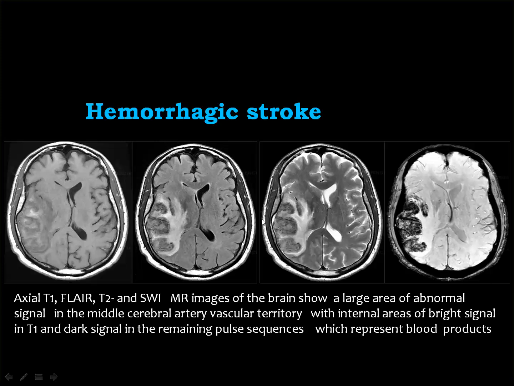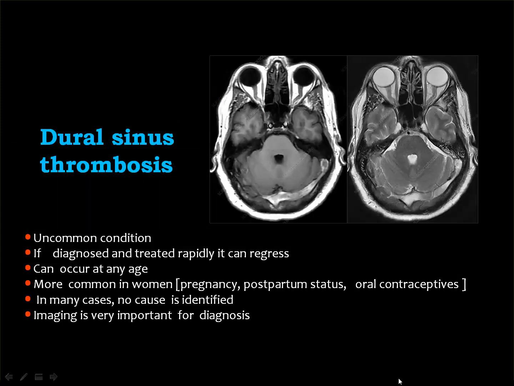Then in the MRI, the acute blood will appear of intermediate signal in the T1, dark signal in the FLAIR and the T2 weighted images, very dark signal in the gradient image.